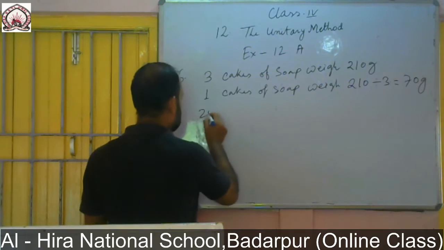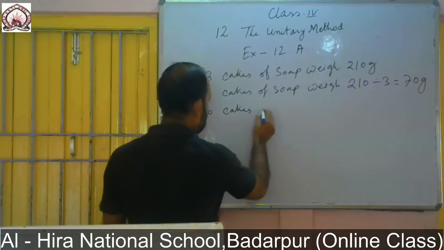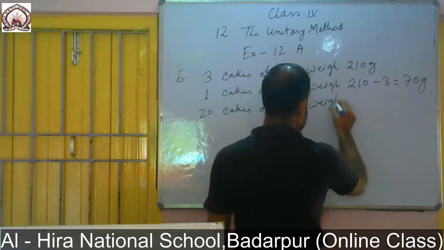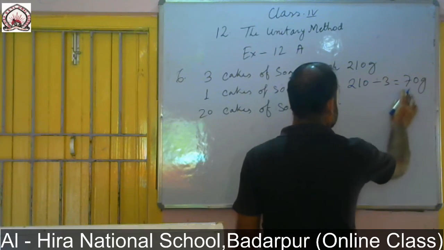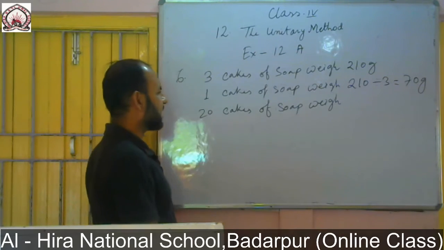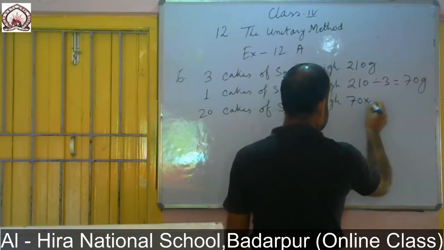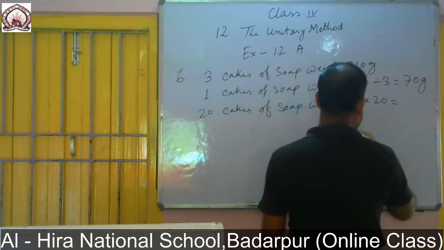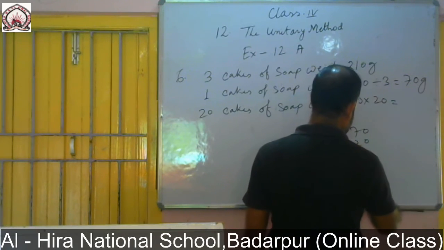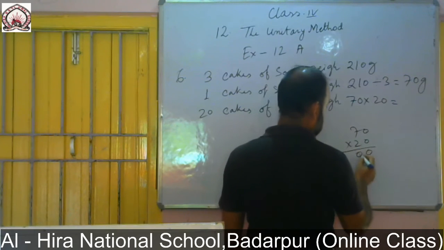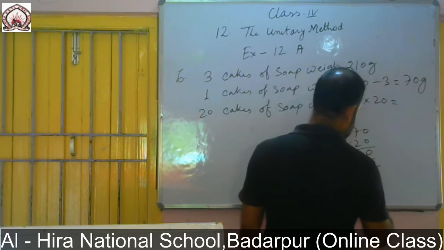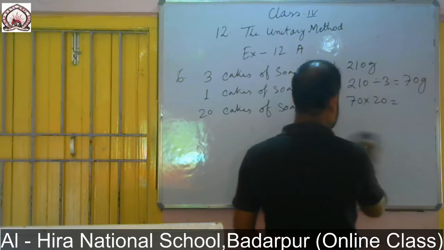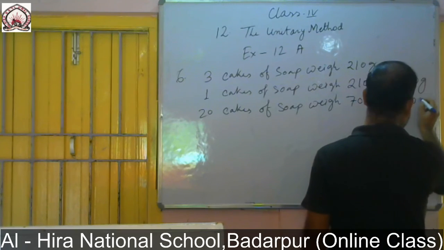So 20 cakes of soap weigh equal to, if one cake is 70 gram, then 20 cakes is 70 into 20, which is 1400 gram.